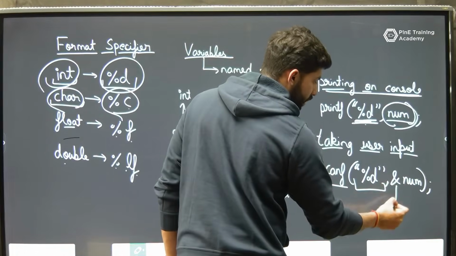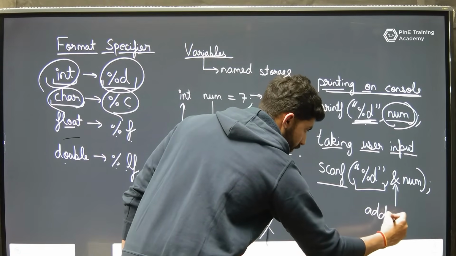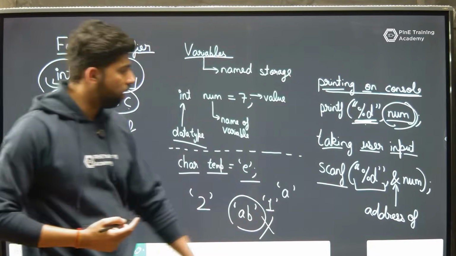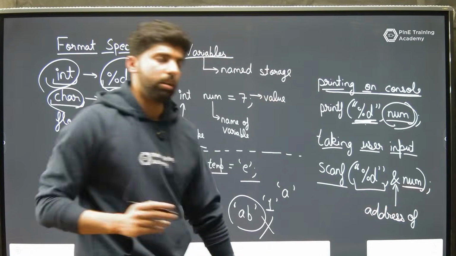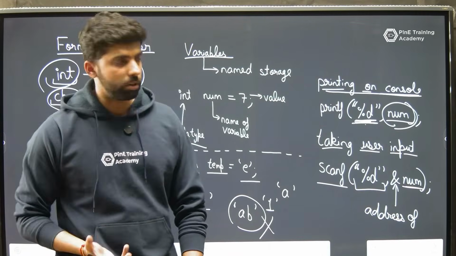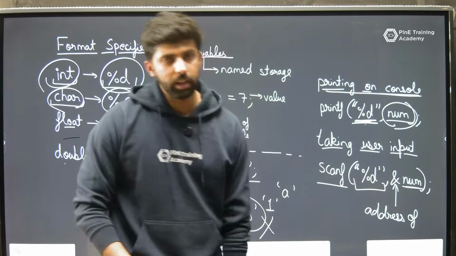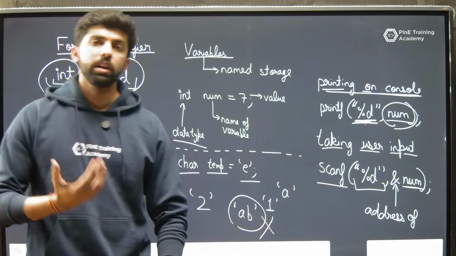Then I will use this operator. This is the address of operator. We call it address of, and then the name of the variable in which I want to take the input. So first the format specifier, the address of operator, and the name of the variable. This is how you take input from a user.